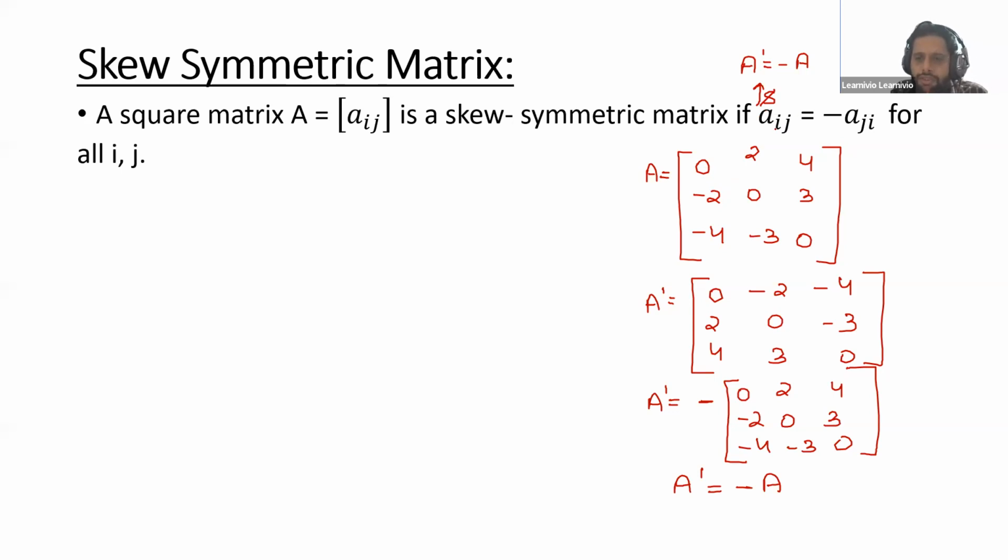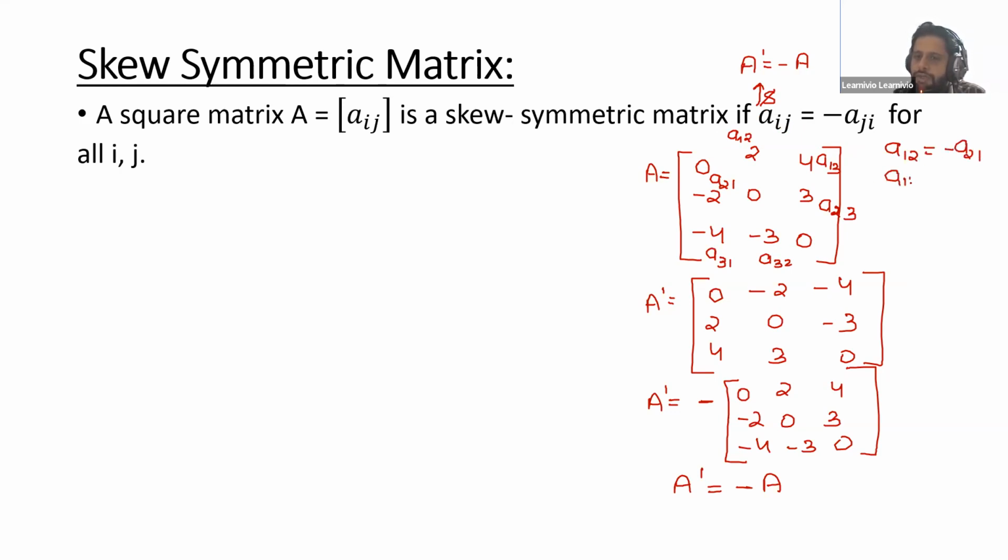Now we will check this condition, what is meant by Aij is equal to minus Aji. If we check this element, what is this? First row and second column. And this is A21. This is A13. This is A31. This is A23. This is A32. Now, if we check these two elements, 2 and minus 2, then we can say that A12 is the negative of A21.